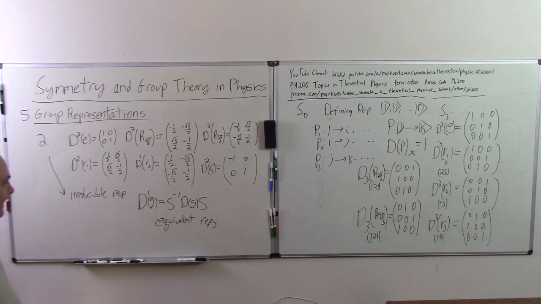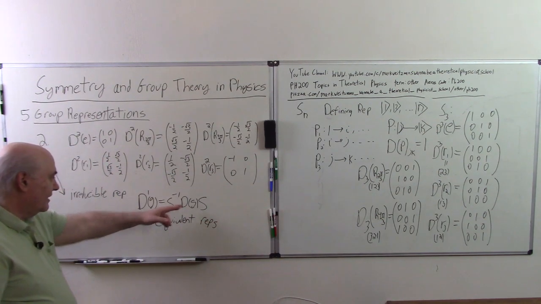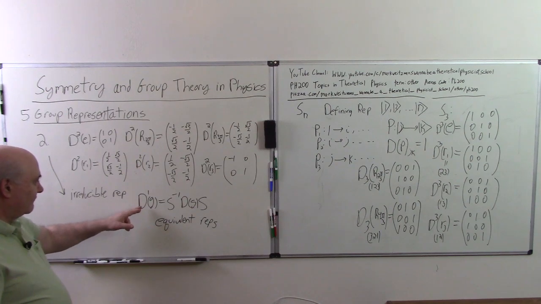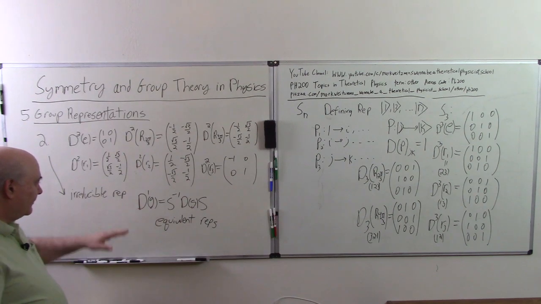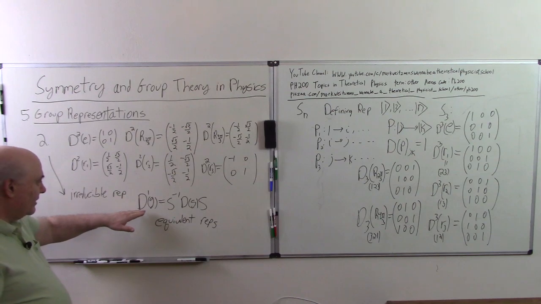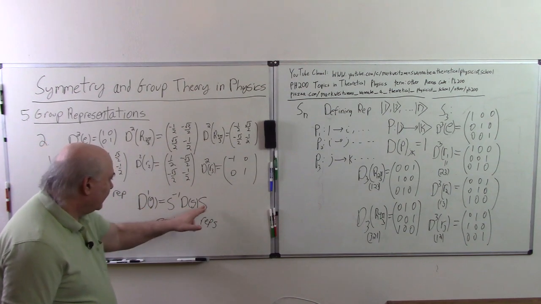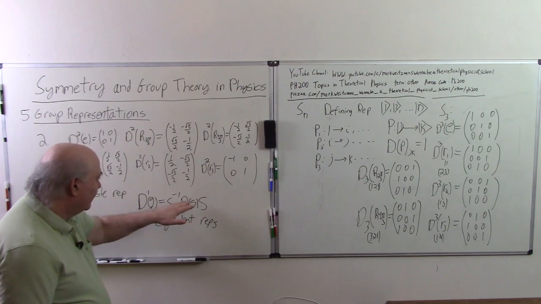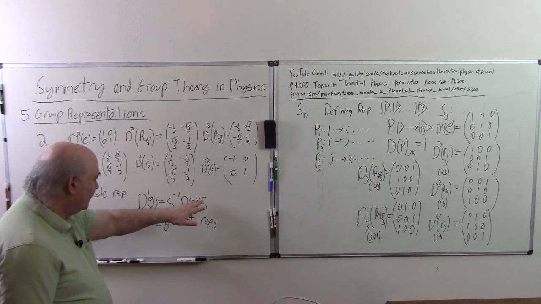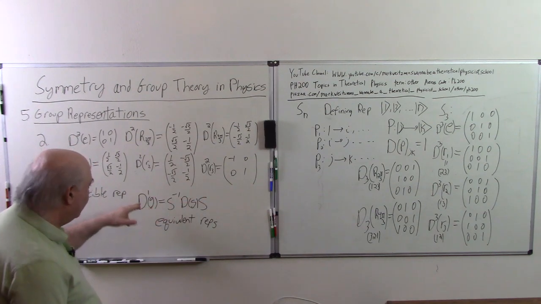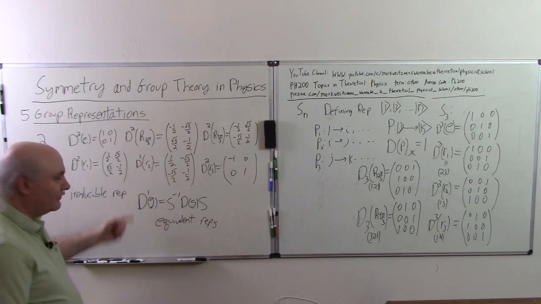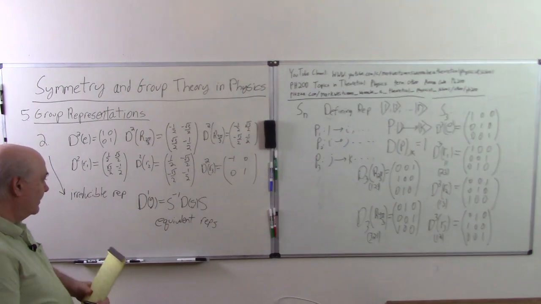And you can see that if this is a representation, then this will automatically be a representation. Because when you do D prime of G1 G2, you're going to have an S inverse and an S in the middle that cancel, and D(G1)D(G2) becomes D(G1 G2), so you have the same thing. So if this is a representation, then this is a representation.